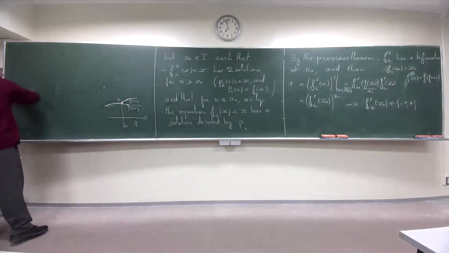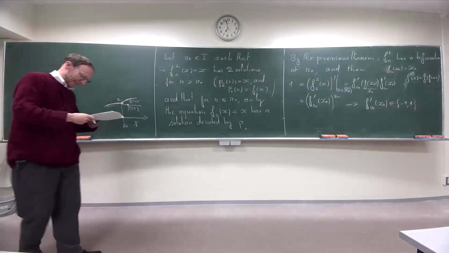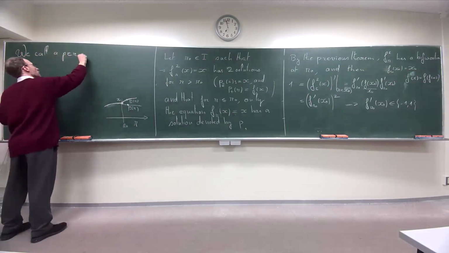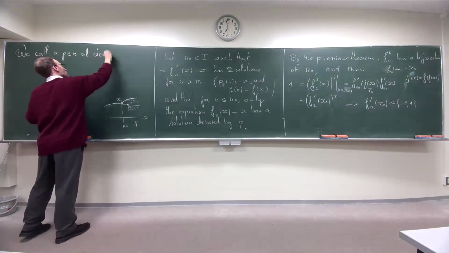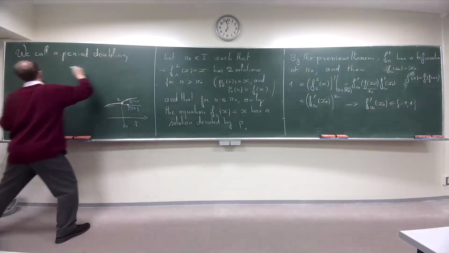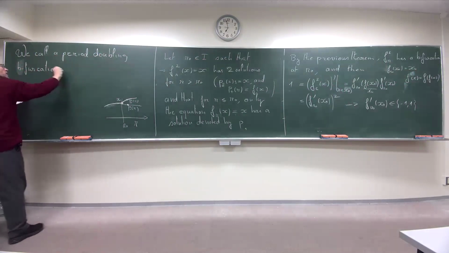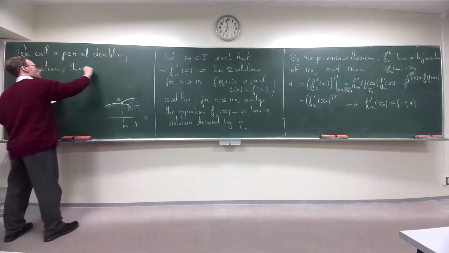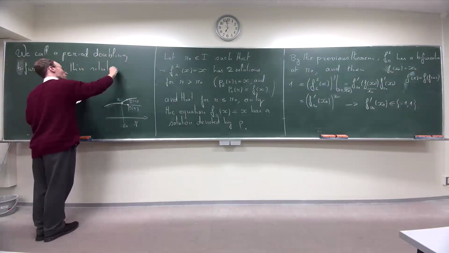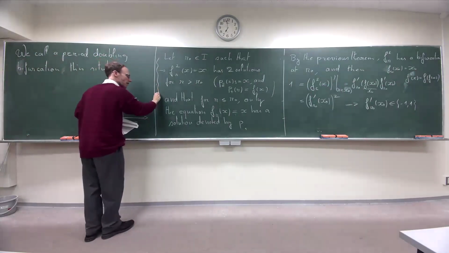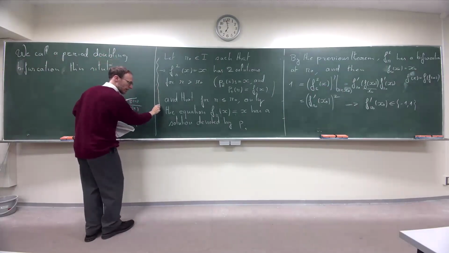And now we call this a period doubling bifurcation. So this is what I can now define. This situation, what does this situation mean?